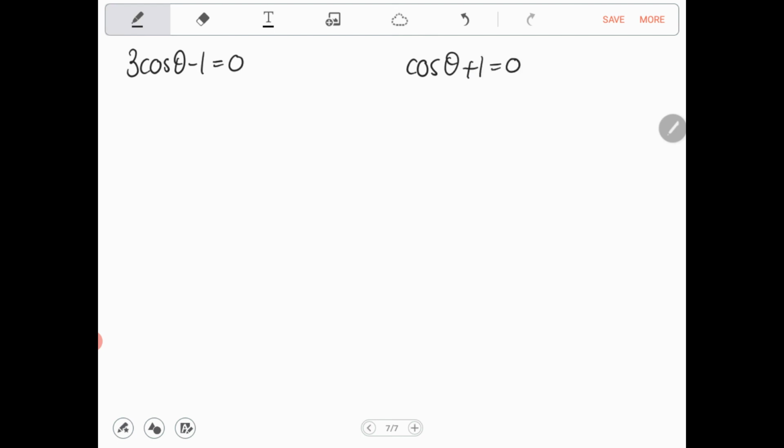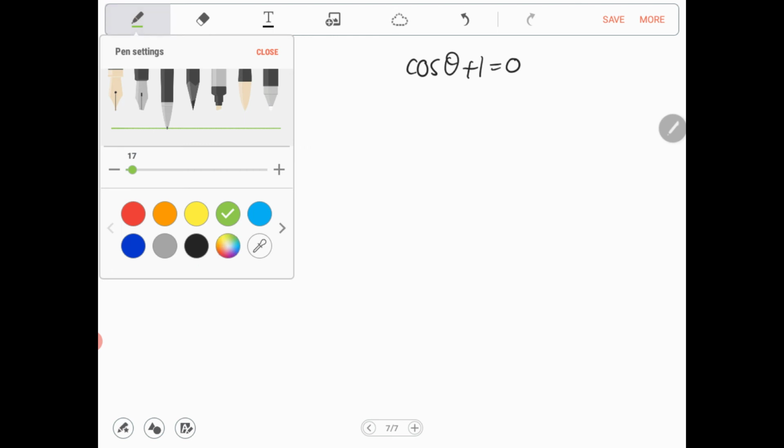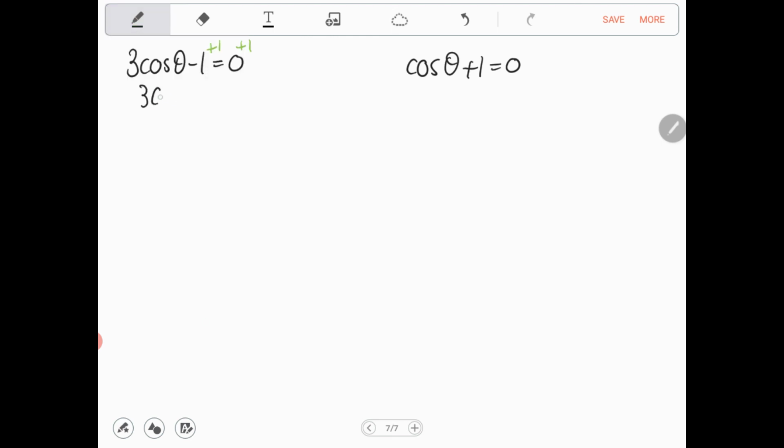All right, so with this one, we need to isolate the trig ratio because it's not alone. So I'm going to add 1 to both sides. And then I'm going to divide by 3. So cos theta is going to be 1 over 3.